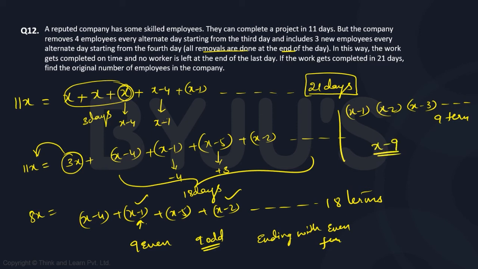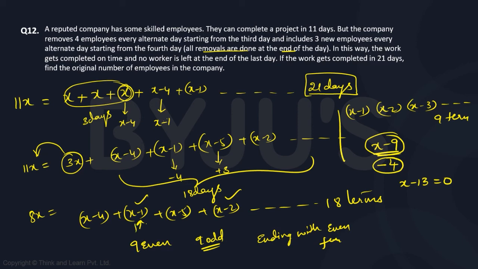So x minus 9 people are working on the last day and the work gets completed, and at the end of the day there will be 4 people removed, and after removal of the 4 people the total should be 0, which means x minus 13 should be equal to 0. I hope you get the logic here. X minus 9 worked on that day. On an even-termed day, 4 people will be removed.